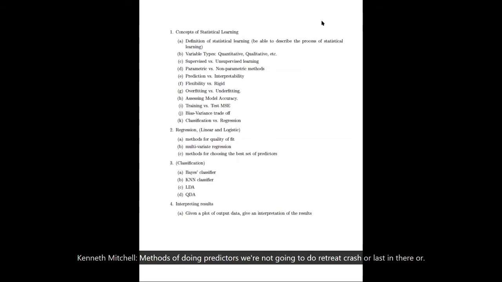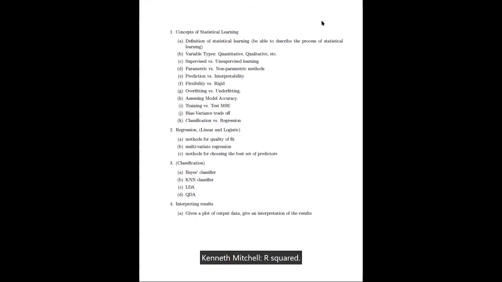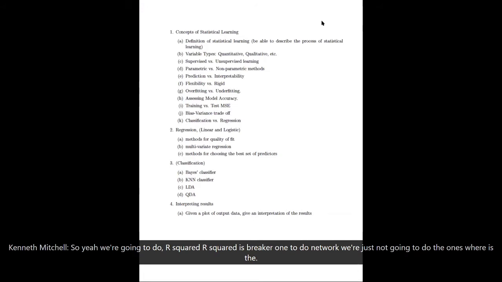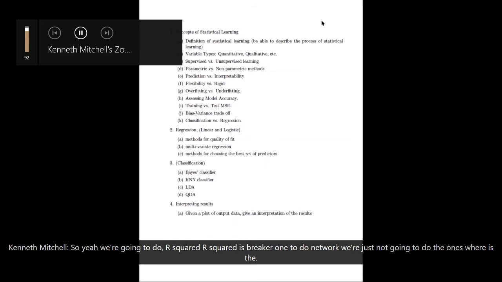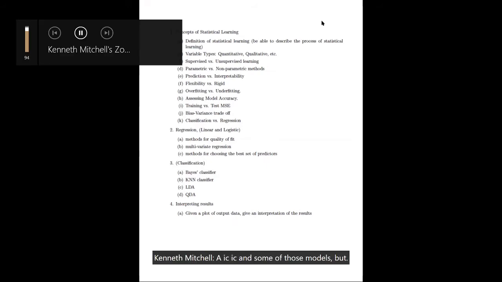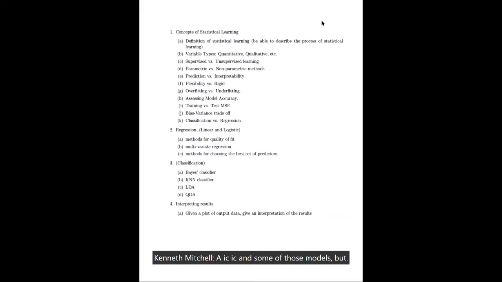We're not going to do ridge regression or lasso in there, or some of those other methods. So yeah, we're going to do R squared. R squared is a regular one to do that. We're just not going to do the ones where it is the AIC, BIC, and some of those models. But everything up until then.